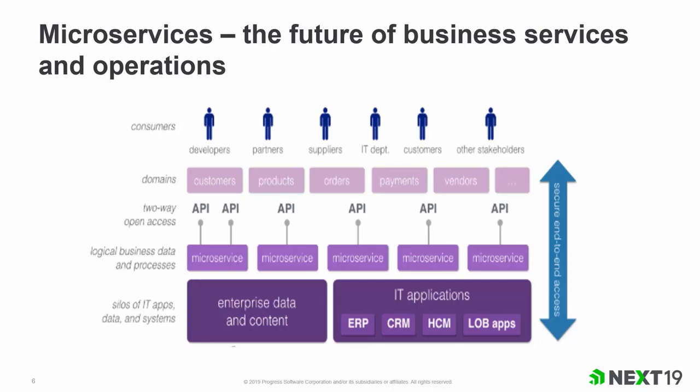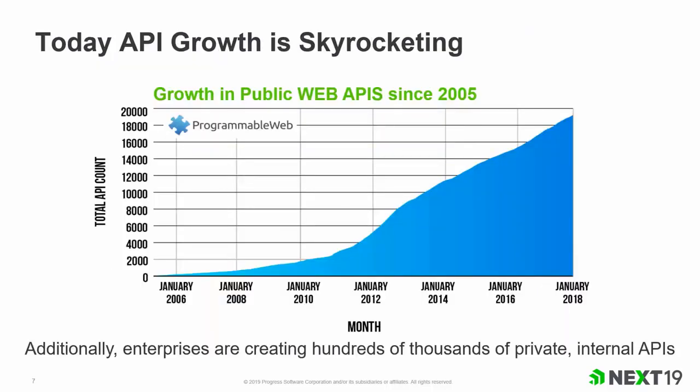Okay. All right? So we see this reflected in the growth of public APIs, right? It's kind of exploding. More and more services, more and more data is becoming available publicly. And this is the public APIs, so you kind of see the growth. In 2018, one of the latest surveys showed something like 20,000 public APIs available on the web.